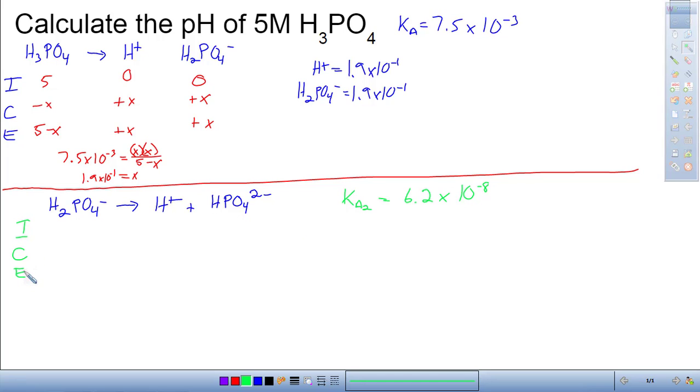And again, we'll just ice it up. But now we have to do a little thinking because we don't have our starting 5 molar solution. How much H2PO4 are we starting with? Well, we calculated it up here.